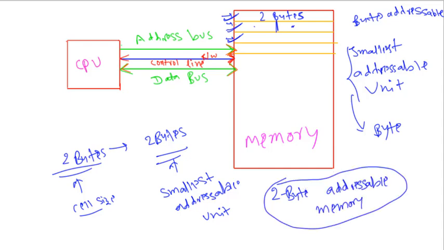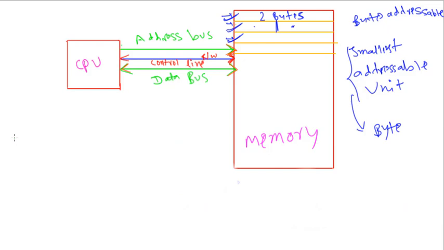Sometimes you might also see that memory is word addressable. Now I am going to familiarize you with word addressable memory. To tell you what is word addressable memory, I need to tell you what is word itself. Word is something that CPU always asks for.